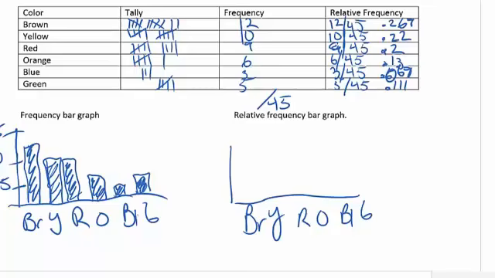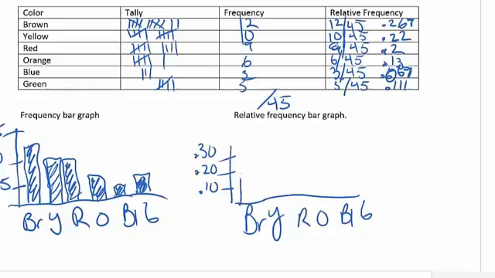Now, instead of counting the frequencies, we're going to count the relative frequencies going up. It looks like 0.27 is the highest, so I'm going to count by tenths for that. You're going to notice it's going to have a similar shape.